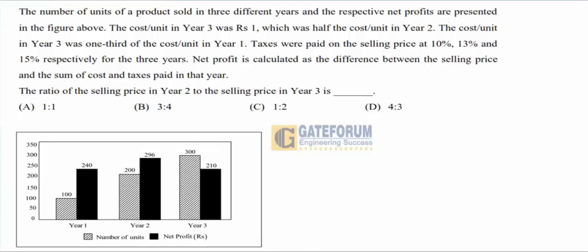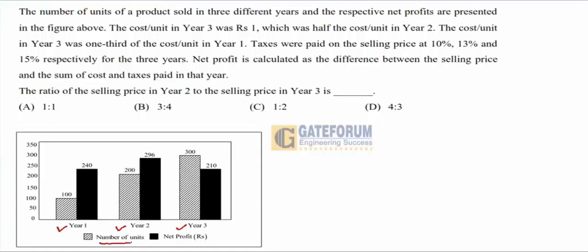Taxes were paid on the selling price at 10%, 13%, and 15% respectively for the 3 years. Net profit is calculated as the difference between the selling price and the sum of the cost and taxes paid in that year. So you see, there are 3 years given: year 1, year 2, and year 3.